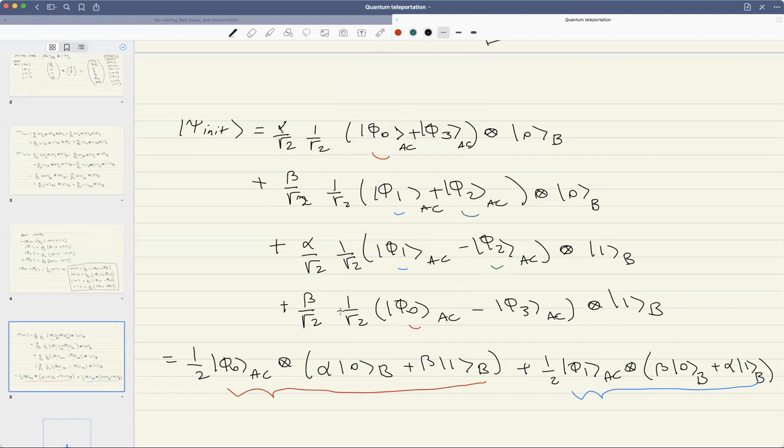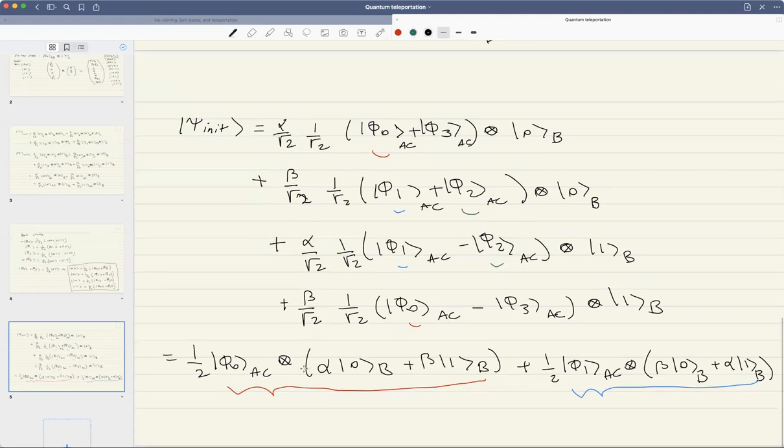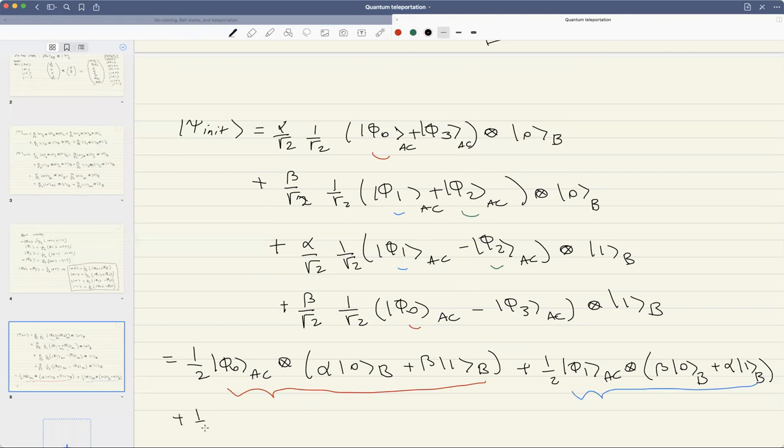So I get plus 1/2 phi 2 AC. And what's happening here? Phi 2 is going to give me a beta again for 0 of B, right? And here, phi 2 gives me a minus alpha for 1 of B.